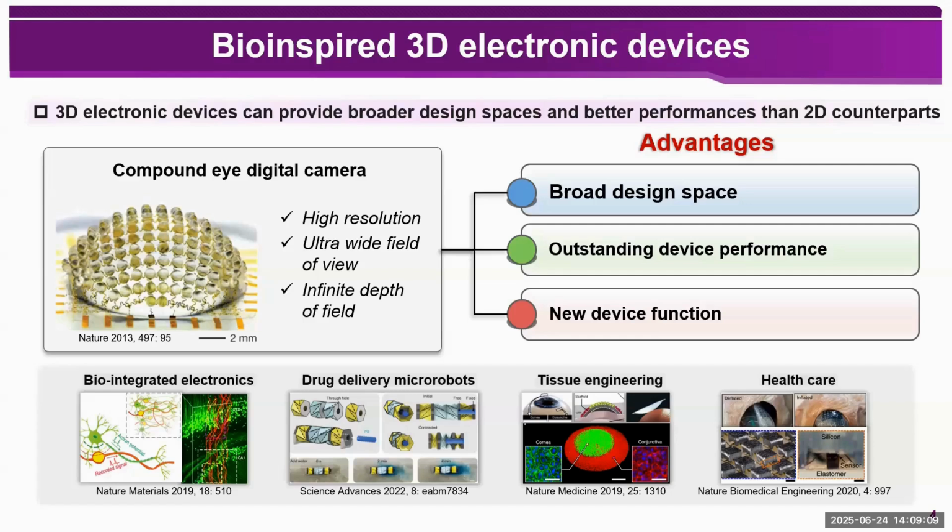Both of these two features are unachievable based on planar 2D device architecture. Just because of these outstanding advantages, the 3D electronics have very important applications in many areas, such as bio-integrated electronics, microrobots, and healthcare, with the potential to upgrade their device forms.